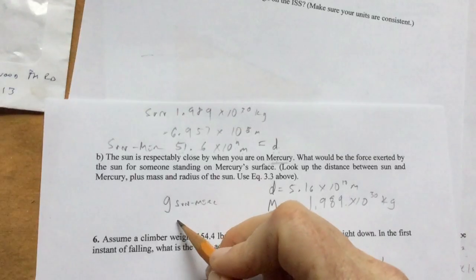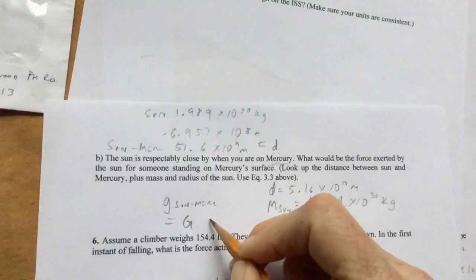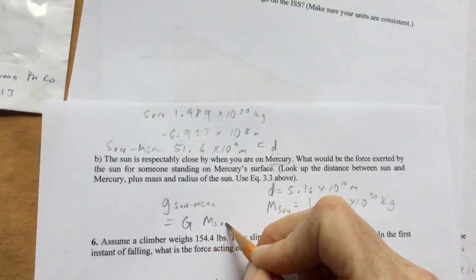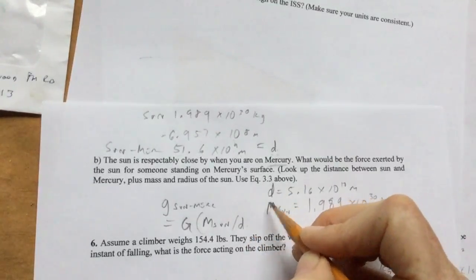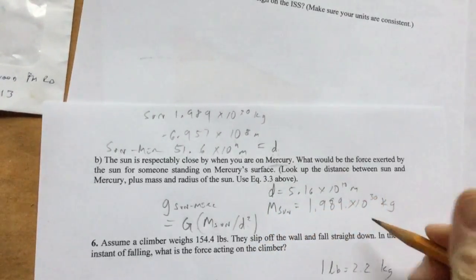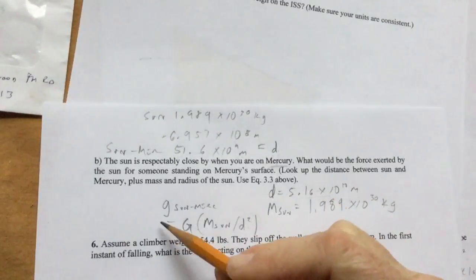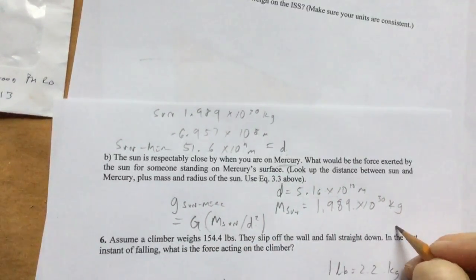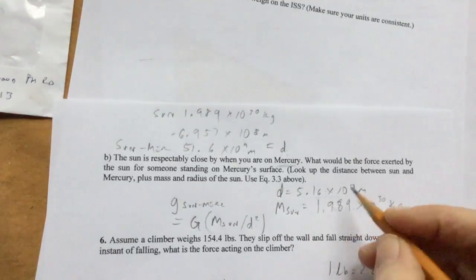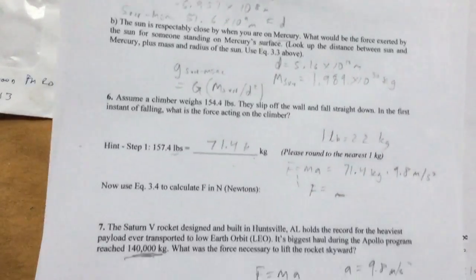So your equation is going to equal G, which we've used before, times M sun divided by D squared. So you square this number, divide this by it, and then multiply it times G, and that should give you a number. You'll have a little bit of gravity from the sun on Mercury. It's kind of impressive. We've already done number 6.